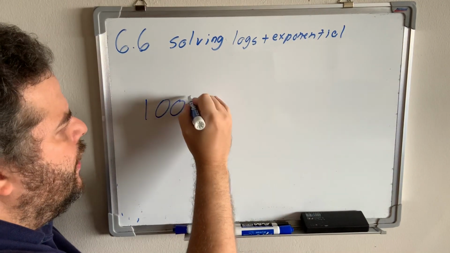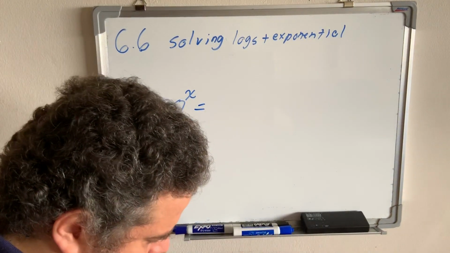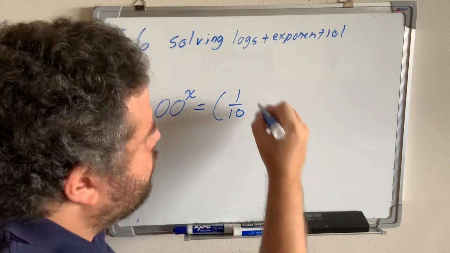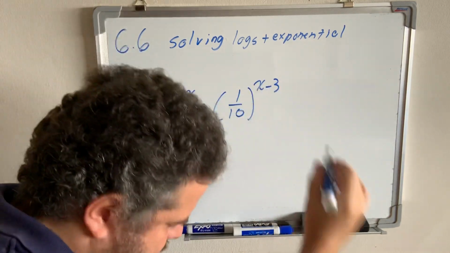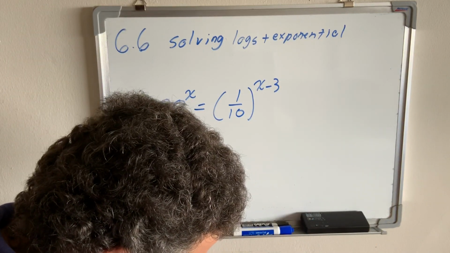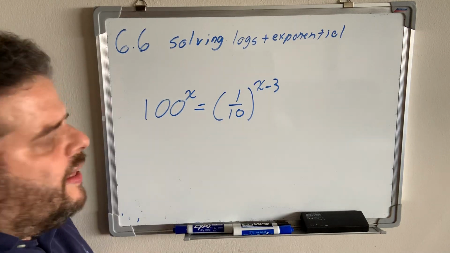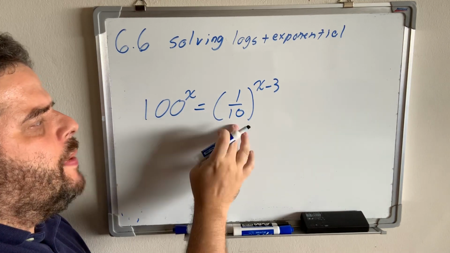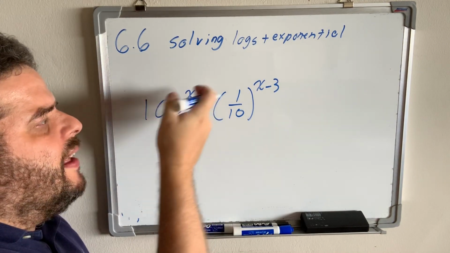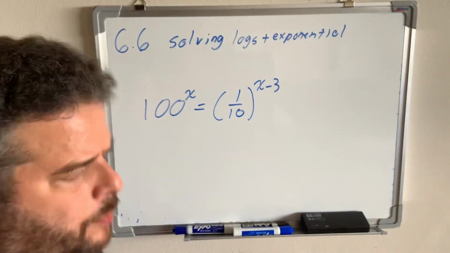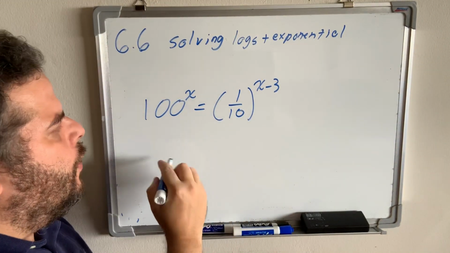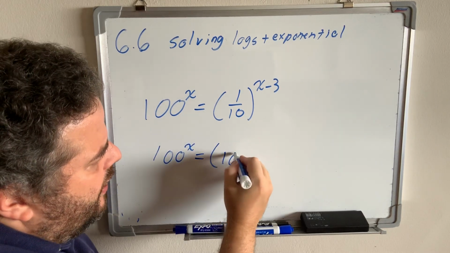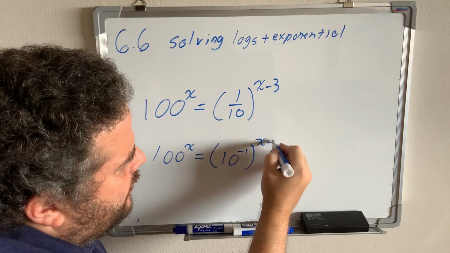They're telling me that 100^x is equal to (1/10)^(x-3). Okay. So in this particular case, step 1, I need my bases to be identical so they can then be canceled out and be left with only the exponents. So in order to begin, I have 100^x equals 10^(-1) to the (x-3).